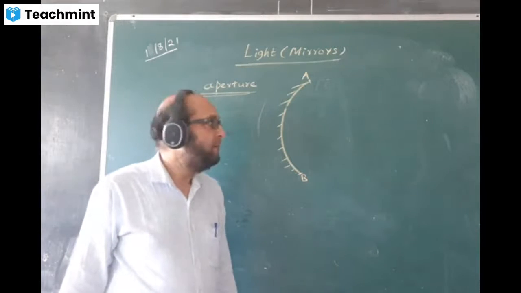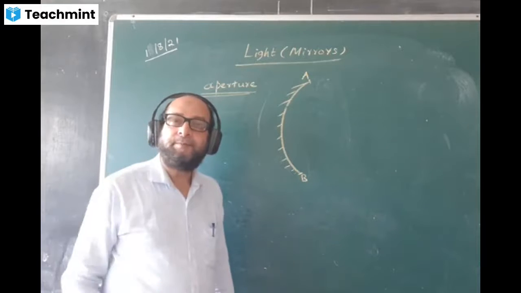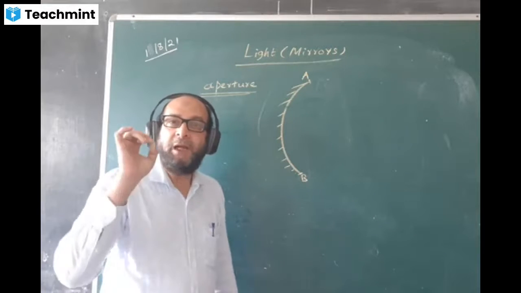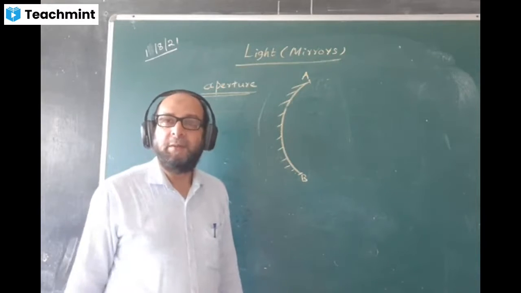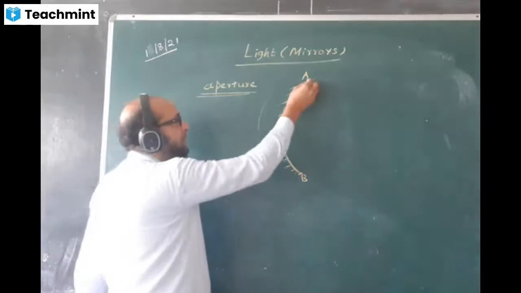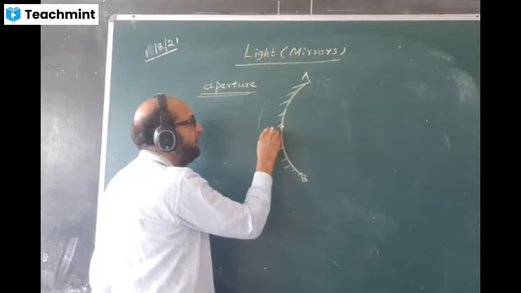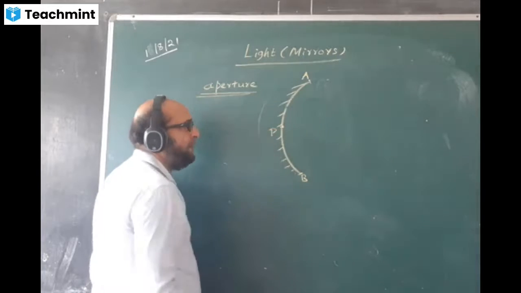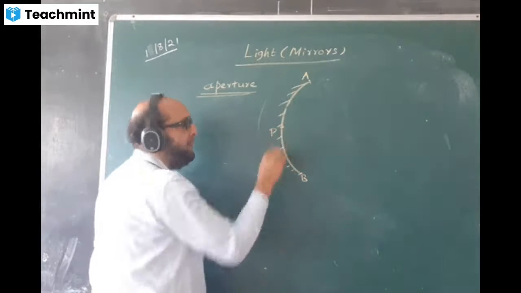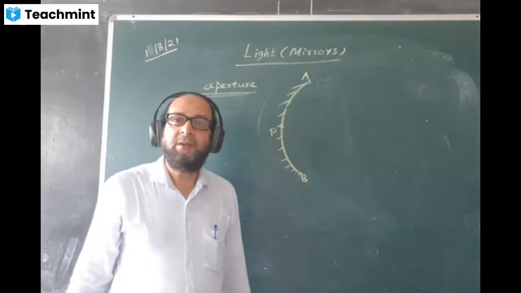Yes, sir. Okay, now listen. The midpoint of the aperture is called the pole. Here is the aperture, and here is the midpoint, somewhere here. We denote it by P, and P is the pole. What is P known as?